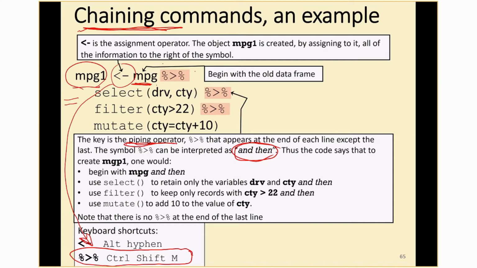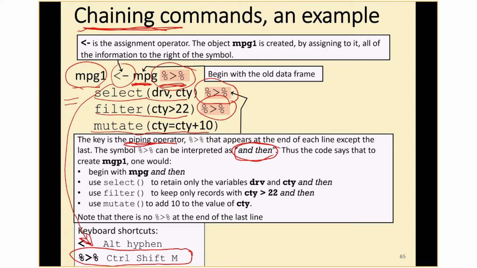Every time I see this, what goes through my mind are the words "and then." So I start off with MPG, and then I use this particular function to retain only those two variables. Then I continue on with the piping operator, and then I filter to retain the records that I want, and then I continue on to create or update the value of city mileage.